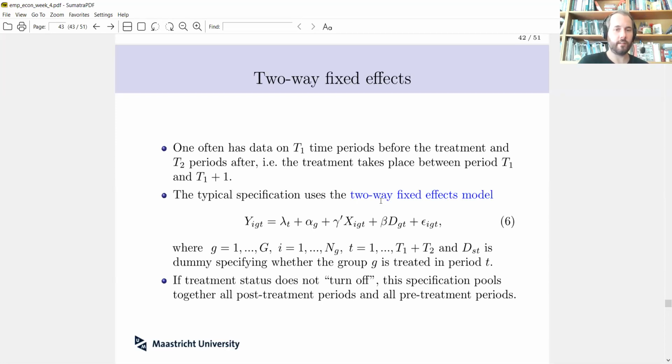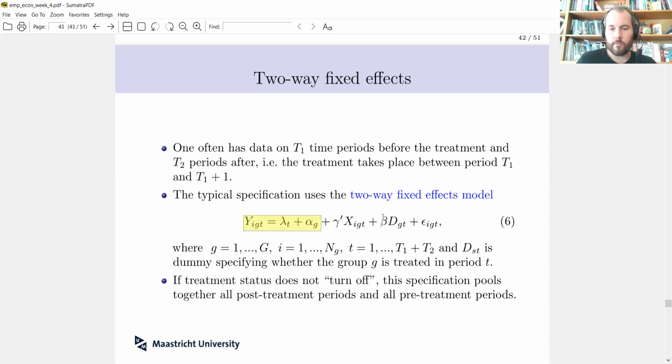What you will see most times in the literature is actually this two-way fixed effect specification. This is nice because typically we have more data than simply 2 time periods, and this is very easy to combine in the regression framework. Let's say we have T1 time periods before the treatment and T2 time periods afterwards, and the treatment takes place somewhere in between T1 and T1 plus 1.